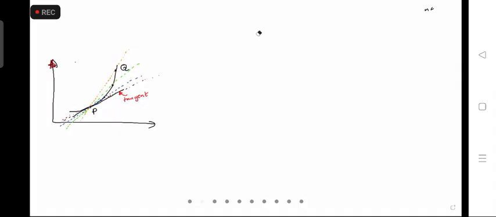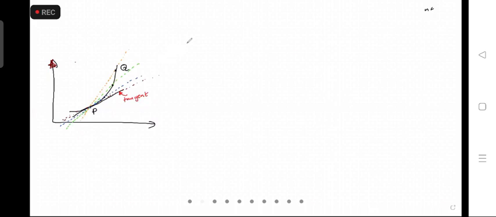The thing is, if you bring the Q point very close to the point P, then and only then can you give the best approximation for the tangent line.